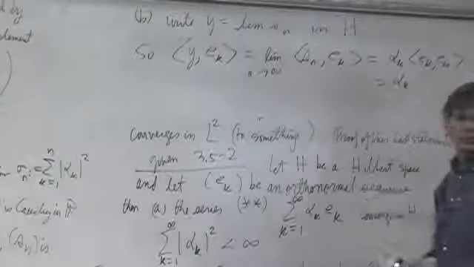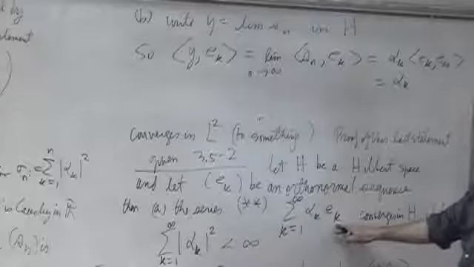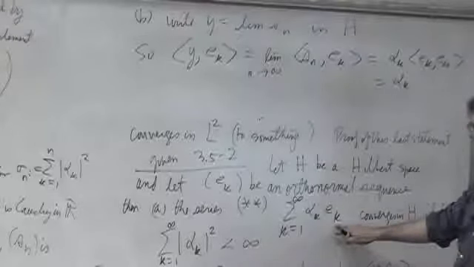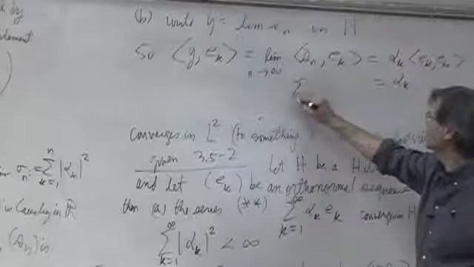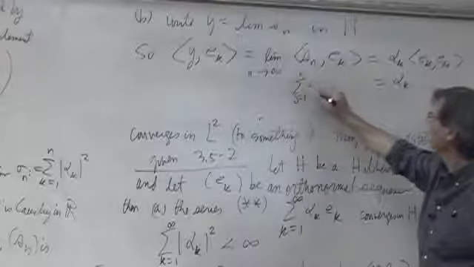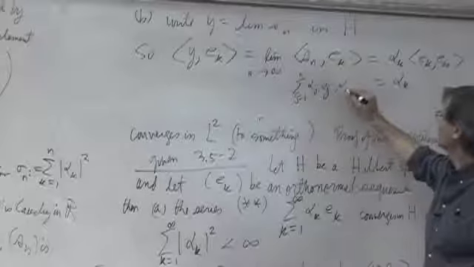In other words, when n is sufficiently large, then the kth term is going to appear in the sum, and when I take the inner product with ek, this is a finite sum, okay? This is a finite sum, so this is summation j goes from 1 to n, alpha j ej, and then inner product with ek.